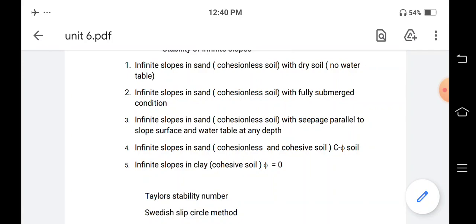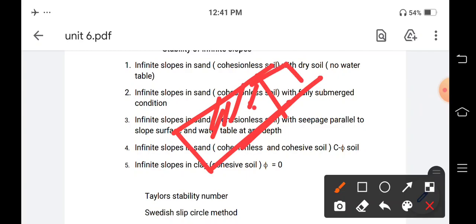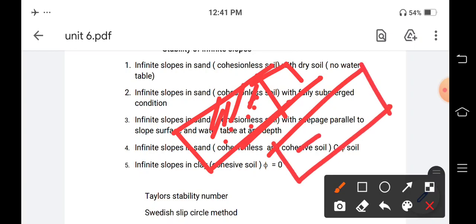If the water table arises at some depth, then in the first case there is no water. This whole slope, this inclined surface, contains only soil. In the second case, this slope contains soil plus water.